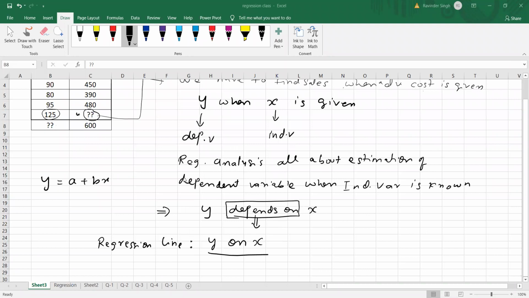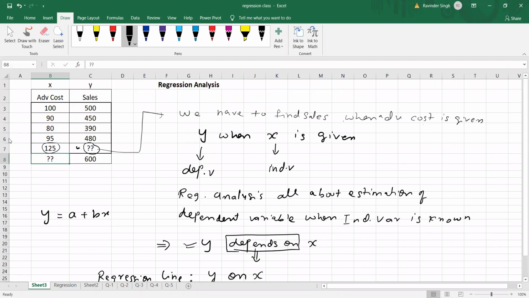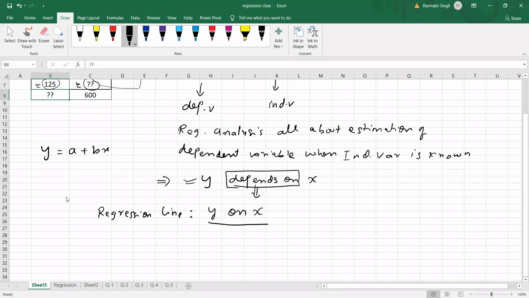So I repeat once again. We are finding the sales depending upon advertisement cost, which is Y depending on X. So we write it as Y on X. So if I want the Y value, we have.